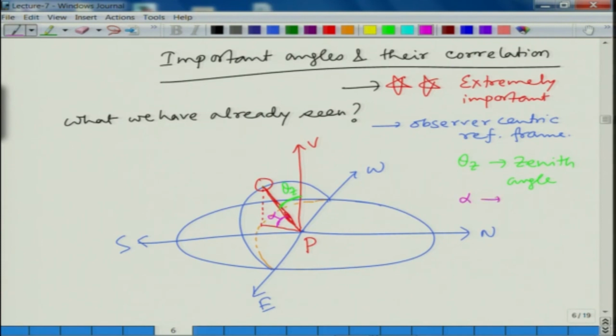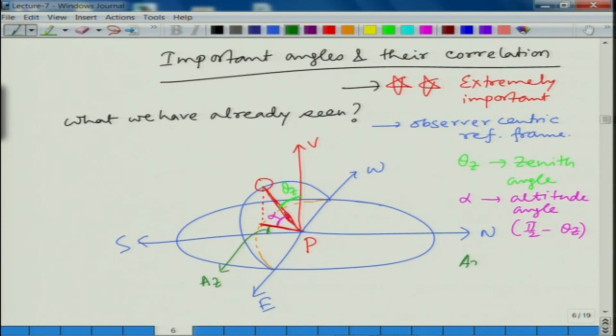So, this alpha is the altitude angle, which is nothing but pi by 2 minus theta z. Okay. And another important angle: the projection of the sun ray is this line. What angle does it make with the south direction? This particular angle we call AZ.